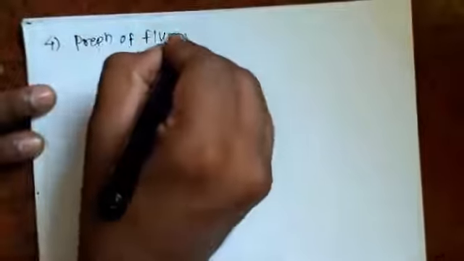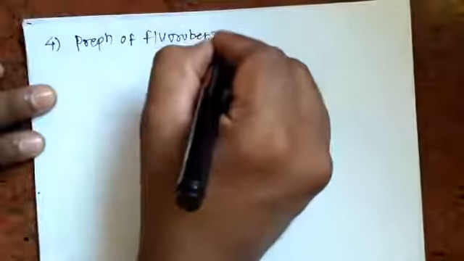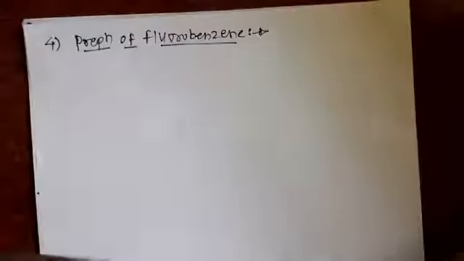Now we see the preparation of fluorobenzene. Here we take the benzene diazonium salt or benzene diazonium chloride.